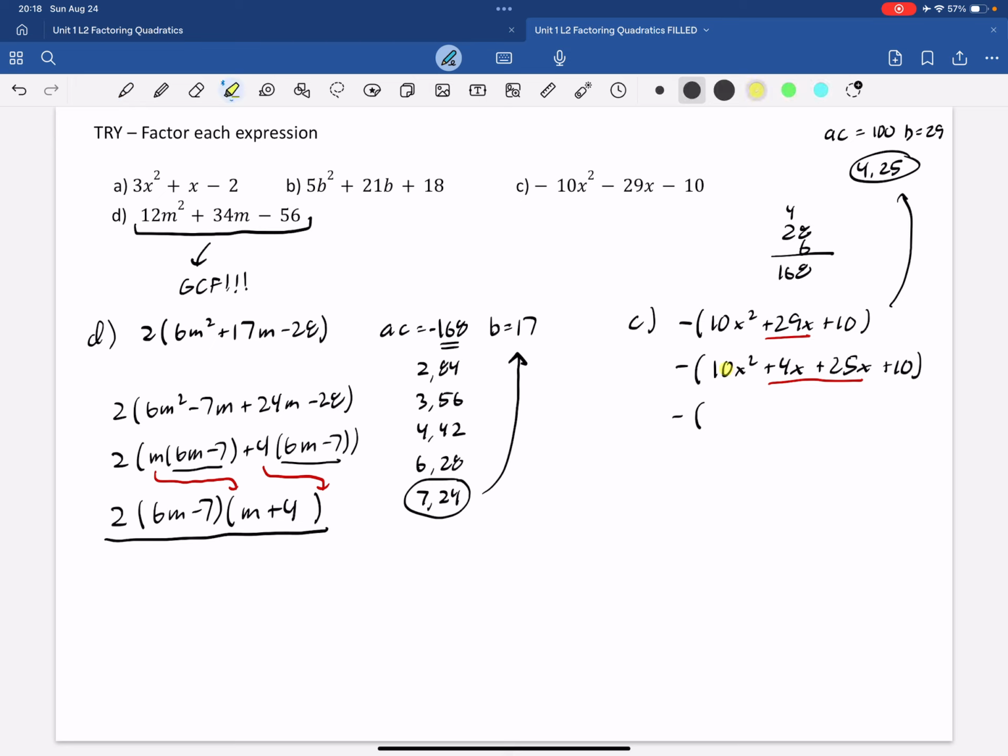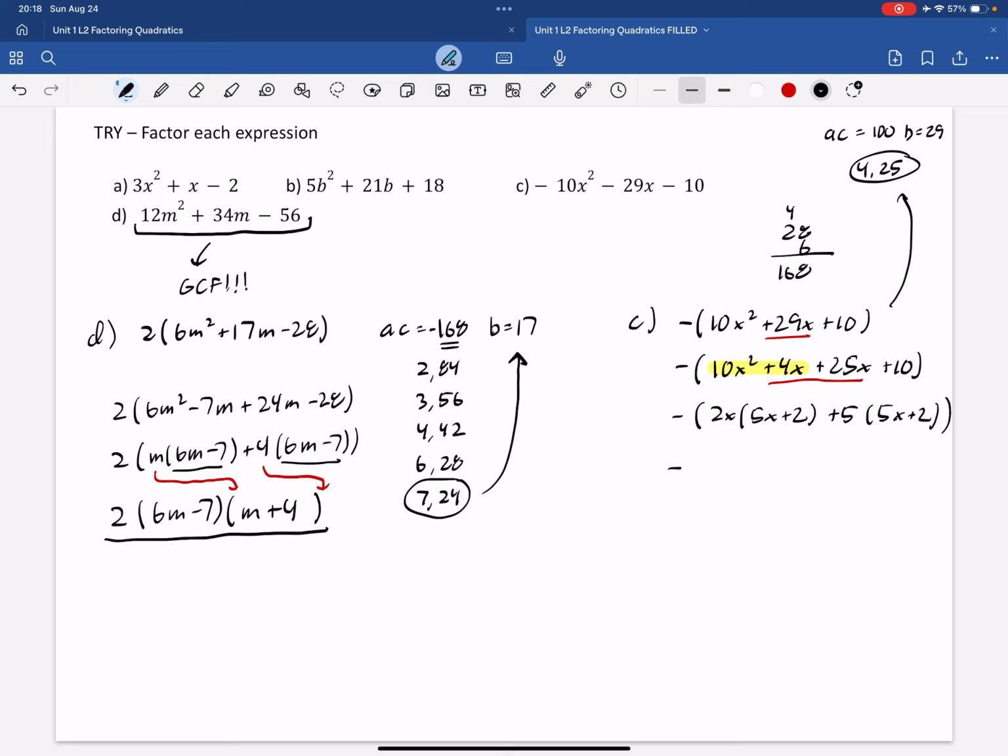So first two, let's do a highlighter because you guys love that. So what's common there? Well, we've got a 2x, right? So a 2x comes out, and then we've got a 5x plus 2. Now I sort of know I want a 5x plus 2, and I can cheat. What gives me that? Well, we take a plus 5 out.